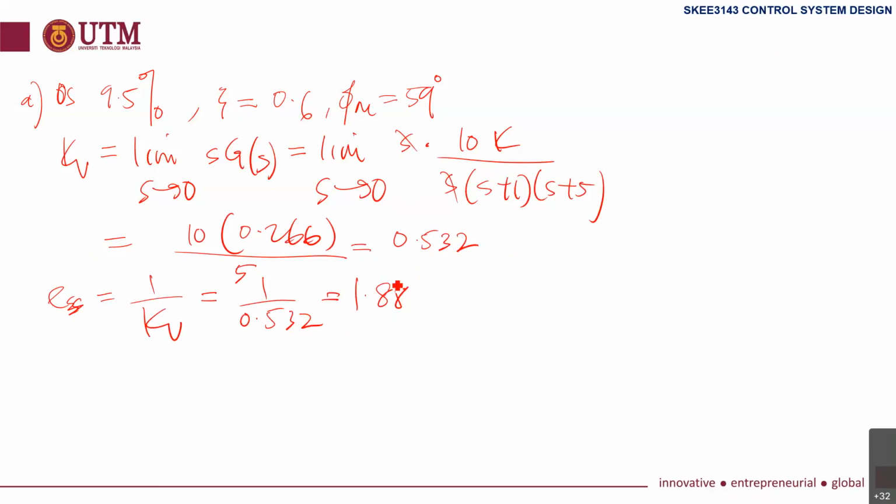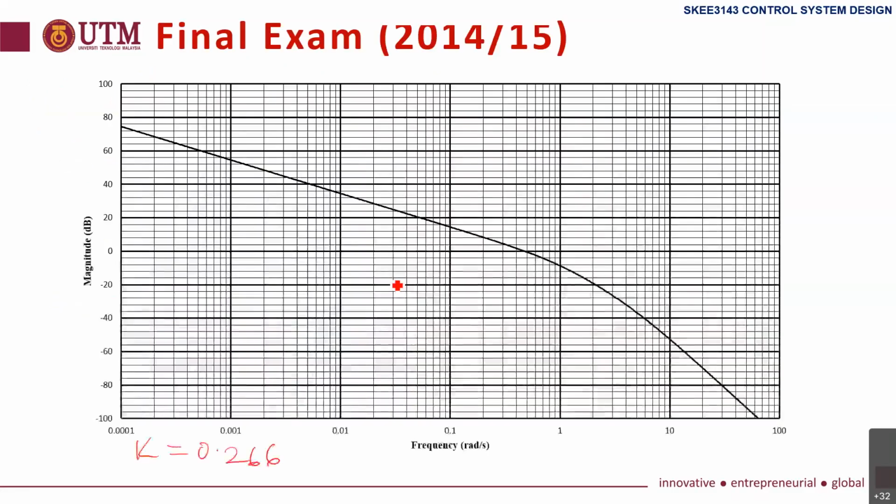We can use calculation. We can also use the given Bode plot magnitude to find the error constant. You can do it like this. As I mentioned earlier, we can make a straight line to 0, 0 here.